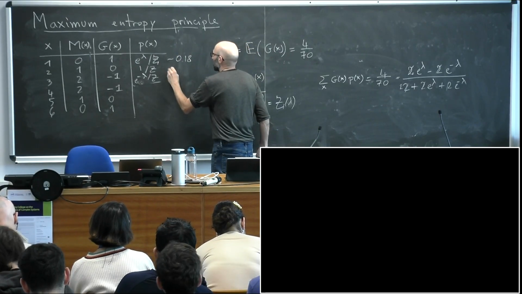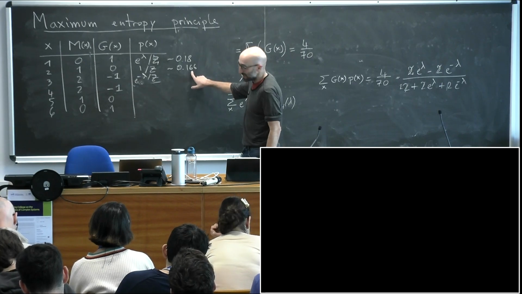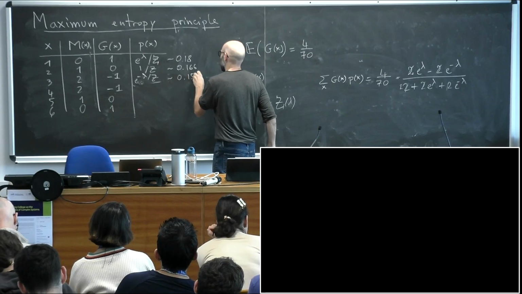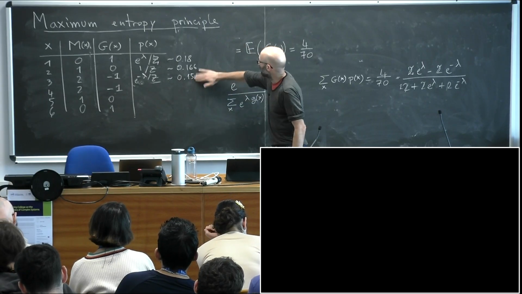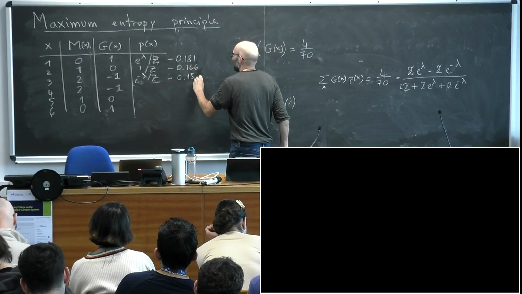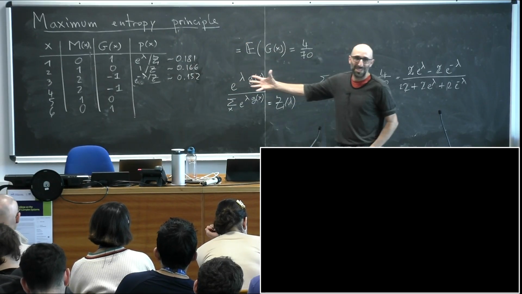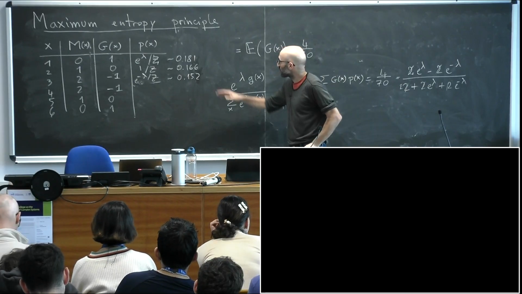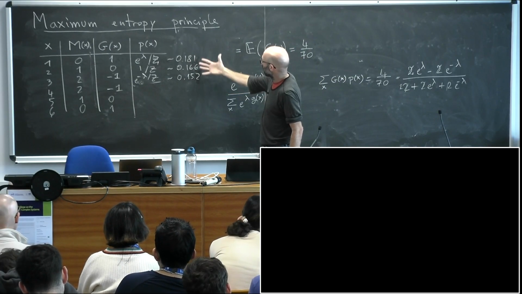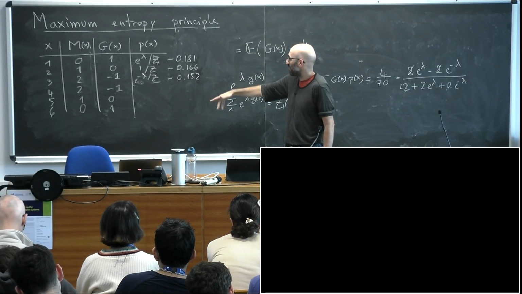Here you get something like 0.16, and here, let's put one more digit just to say that, whatever, okay. So what is interesting here is that the probabilities are as close as possible to the uniform one, which would give 1/6 to each state, which is 0.16.